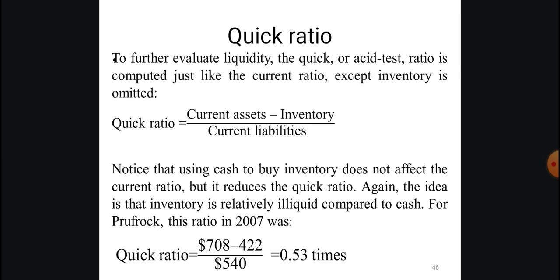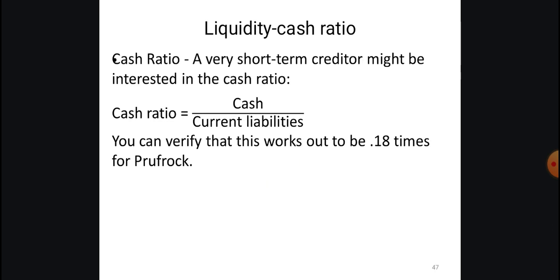When we divide the difference by the current liabilities, it is about 0.53. It means the most liquid assets can cover about 50% of the current liabilities. In the same way, the higher the quick ratio, the better for the suppliers or for the short-term creditors.